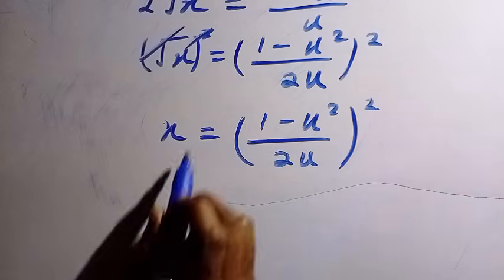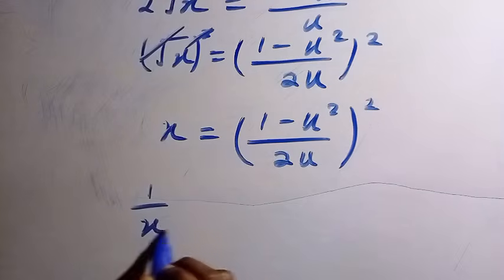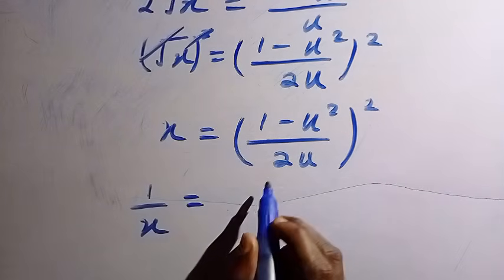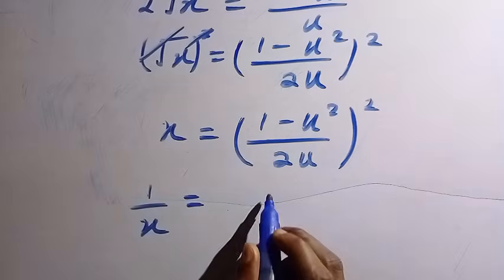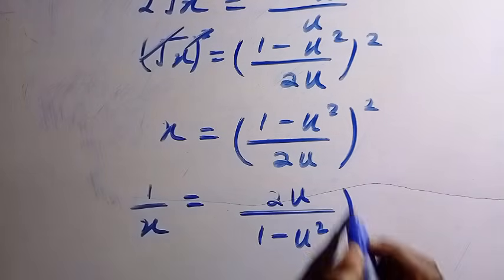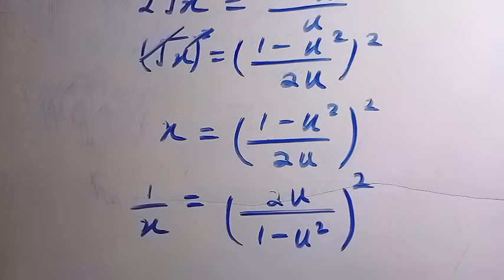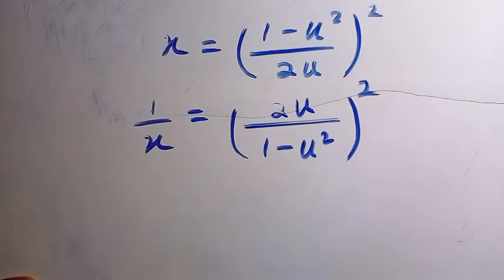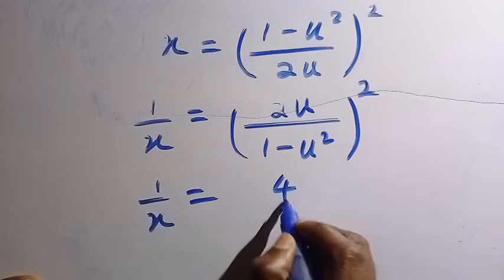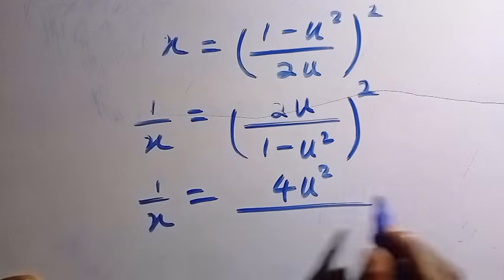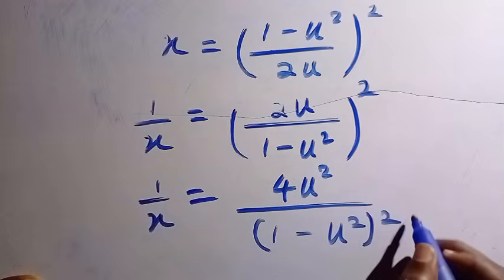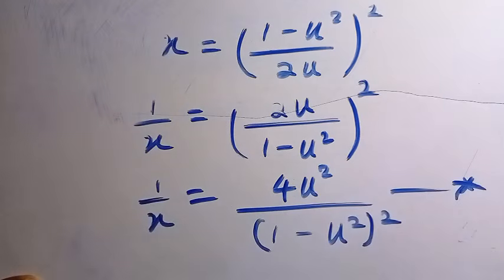If I reciprocate this, we have 1 over x equals 2u over 1 minus u squared raised to the power of 2. So with this, we have 1 over x equals 4u squared divided by 1 minus u squared all raised to the power of 2.